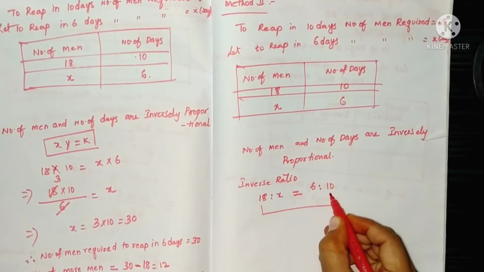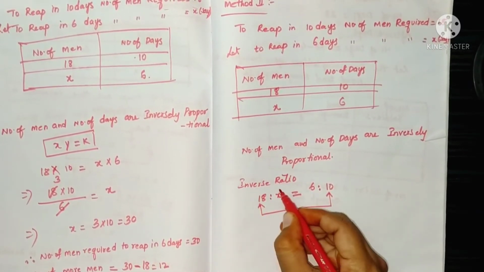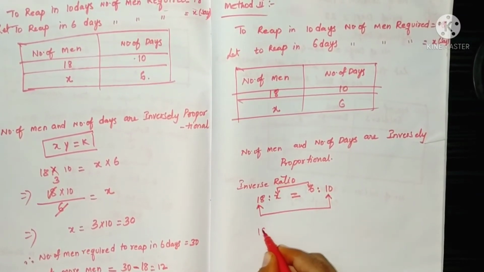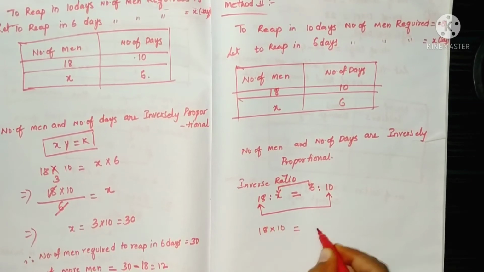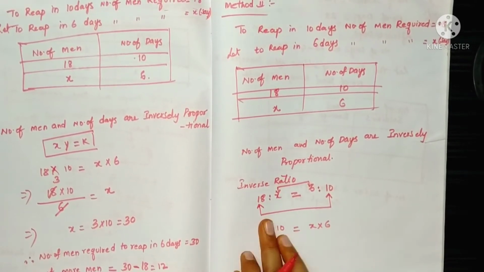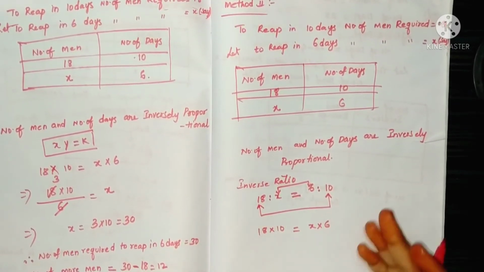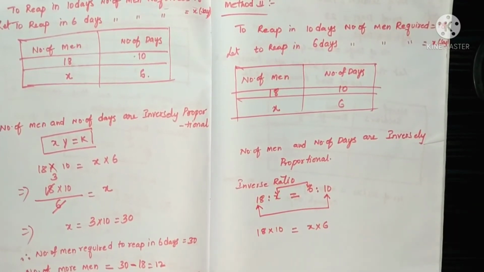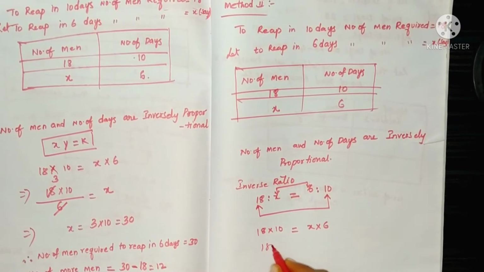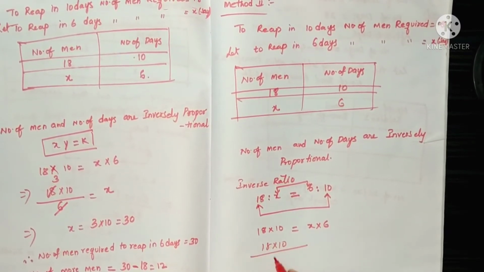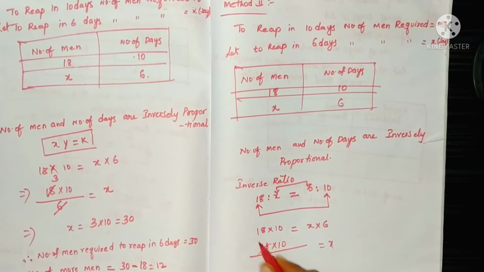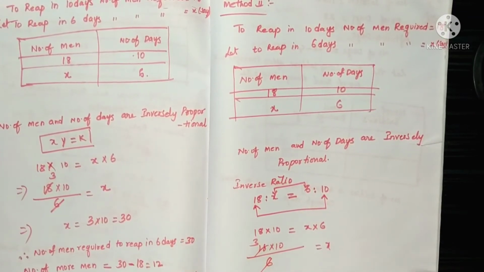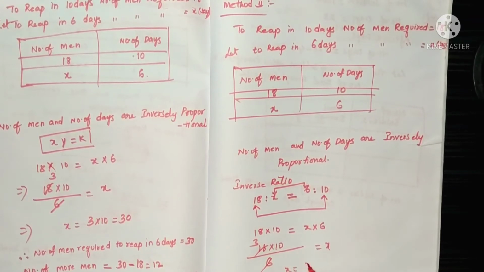So if two ratios are equal, they are said to be in proportion. Product of extremes is equals to product of means. 18 into 10 is equals to x into 6. రాస్తే better. But మనం ఇక్కడ సింబల్ తోనే రిప్రజెంట్ చేసాం కదా, no problem. So after transposing it comes under division, 6 threes. So these same three steps come as it is.